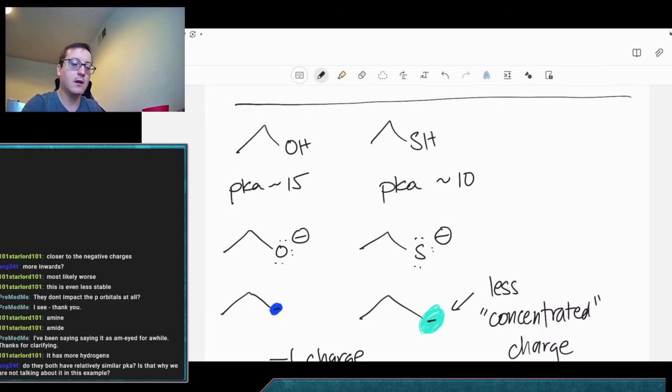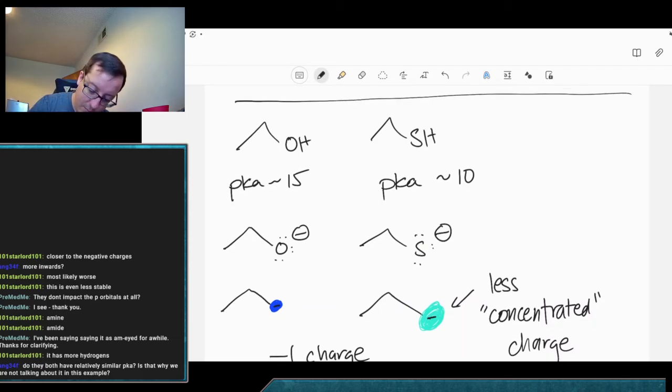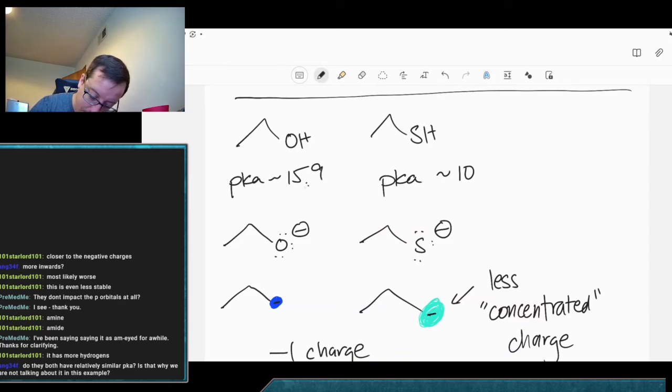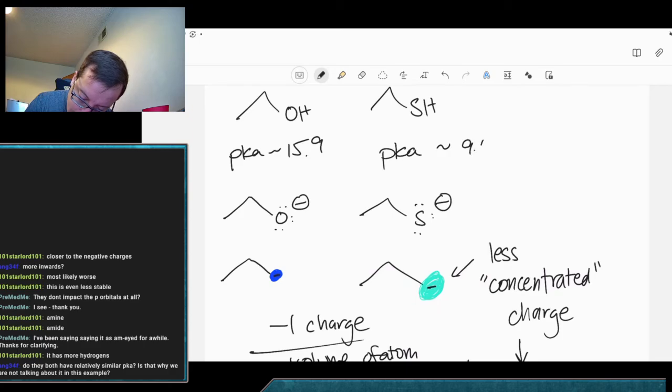Okay, and then for the same molecule with the sulfur, we're looking at 9.64. So again, still roughly, this time it's 1,000,000 times more acidic, but 1,000,000 versus 100,000, pretty close.